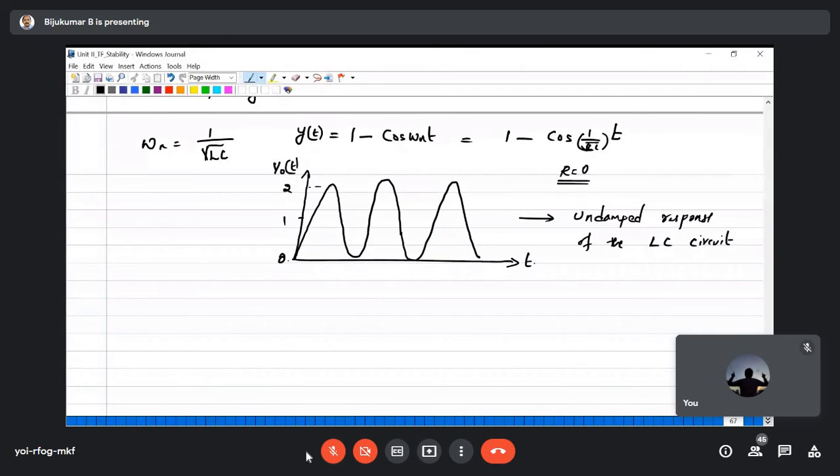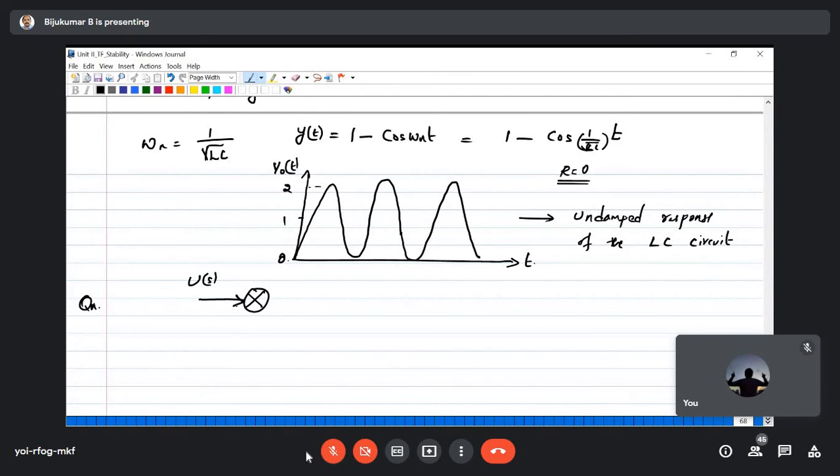So now, what is this problem? I have a system block diagram like this.